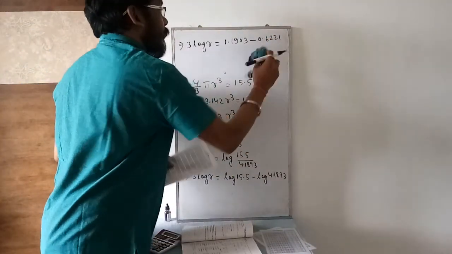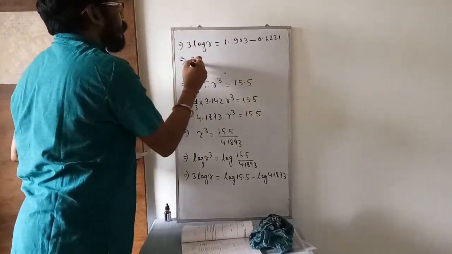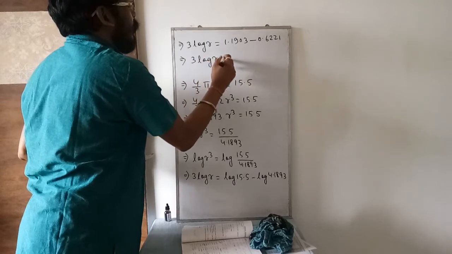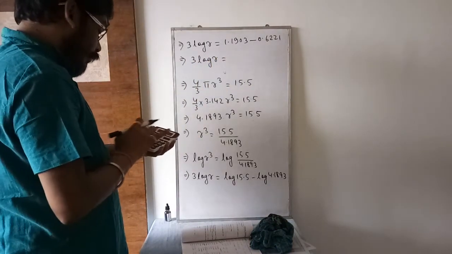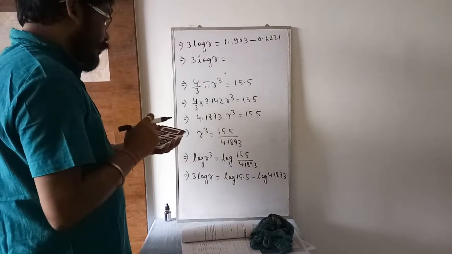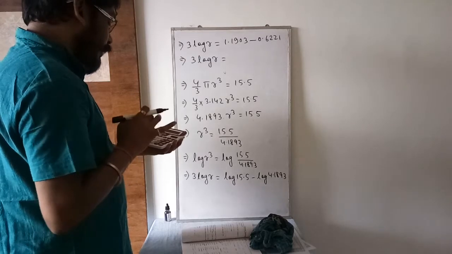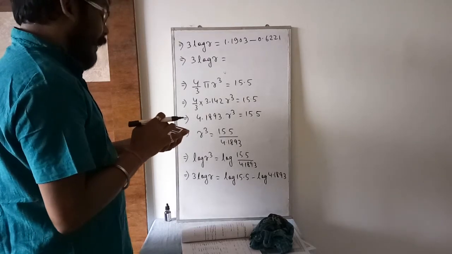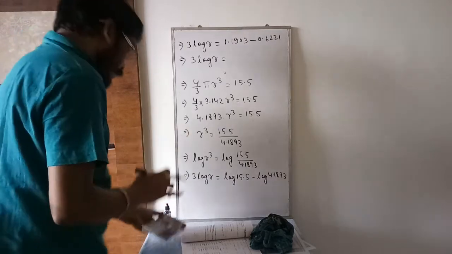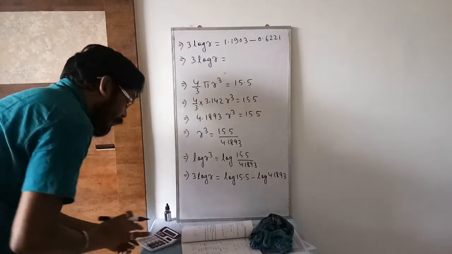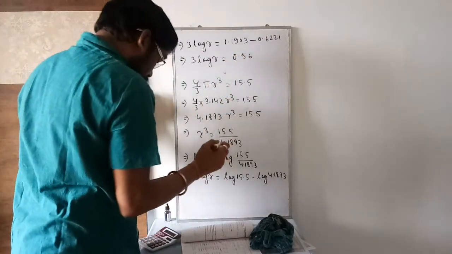So here, 3 log r equal to 1.1903 minus 0.6221. So it will be 0.5682.